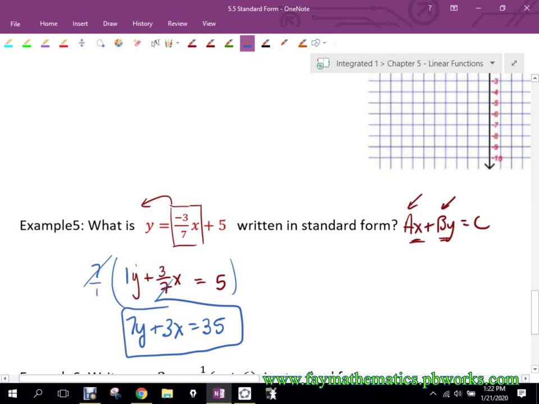Okay? I don't think Math Excel is going to do this to you, but some textbooks will say your x has to show up first. So if I wrote 7y plus 3x equals 35 and it marks it wrong, but I know I did everything right, it's because they want your x to come first. They want it to be written as 3x plus 7y equals 35. Your textbook, as I read through the actual textbook, it doesn't discuss that necessity from this author.